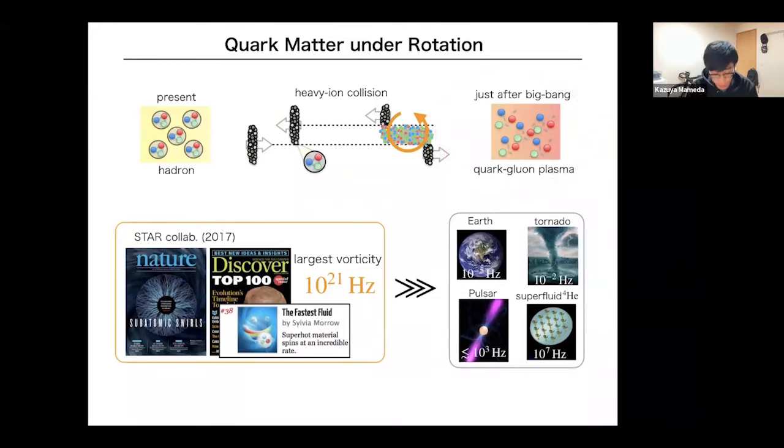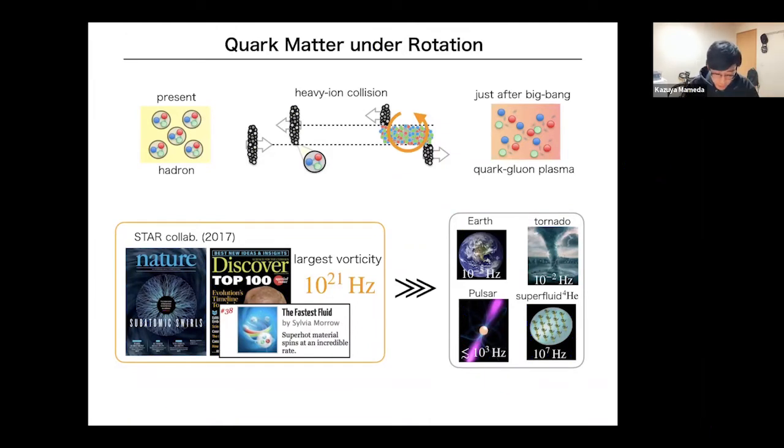On the other hand, in our environment, we don't have such hot matter. Instead, we have the hadrons, which construct everything around us.